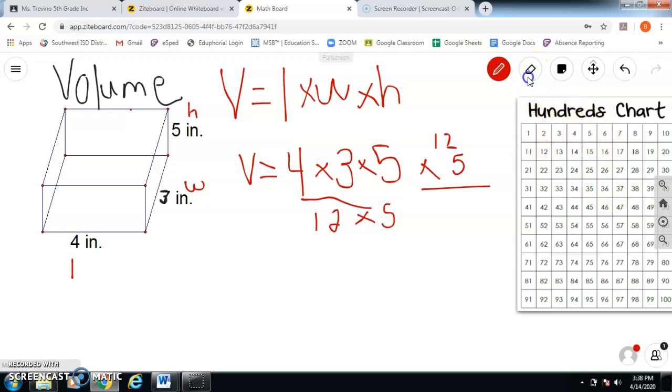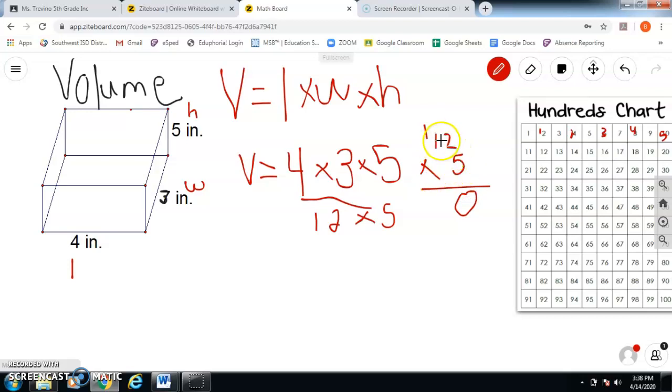So, 5 times 2, that's 5 groups of 2, right? So, 1, 2, that's 1. 1, 2, that's 2. 1, 2, that's 3. 1, 2, 4. 1, 2, 5. Okay, so then that answer was 10. Carry the 1.